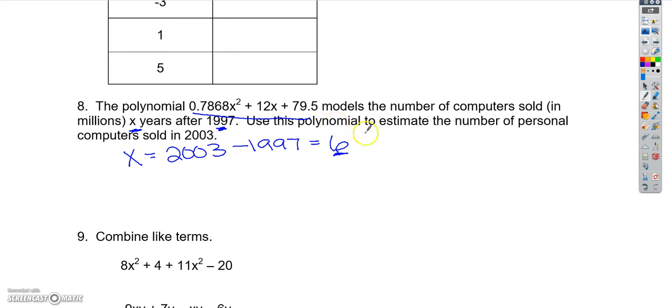So we're going to take it and plug it in. Remember to put the square on the outside. And we're going to take 6 and put it in place of x.